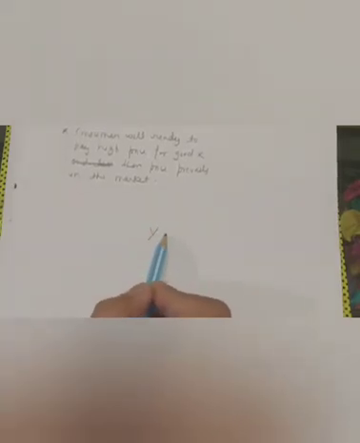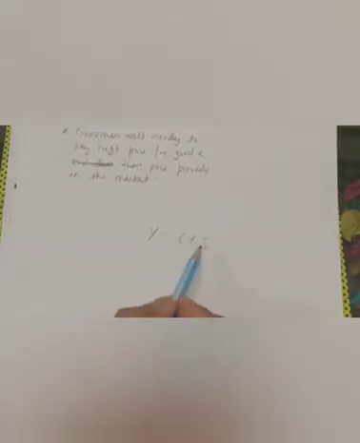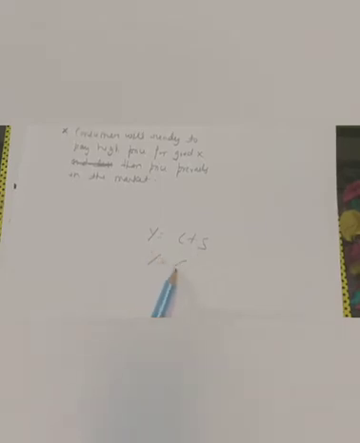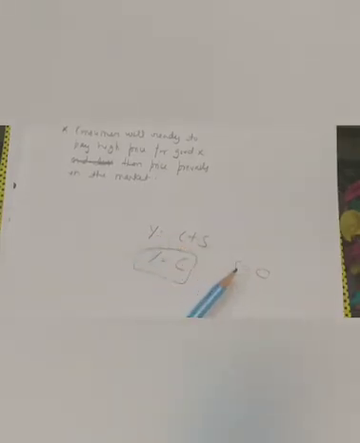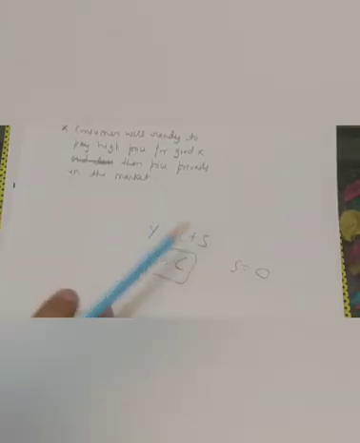When consumption expenditure becomes equal to income, you know the formula of income: Y is equal to C plus S. And we are saying Y equal to C means saving is equal to 0. Means when saving is equal to 0, then national income will be equal to consumption expenditure.